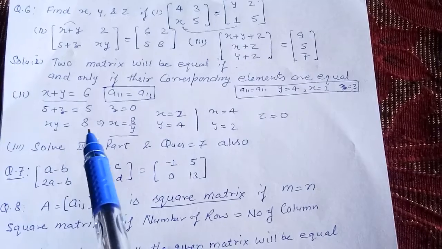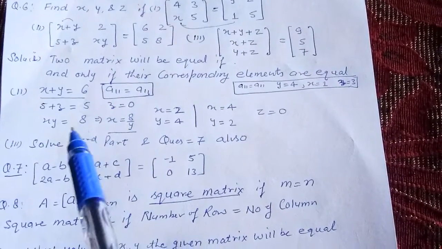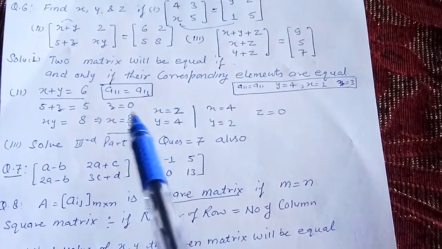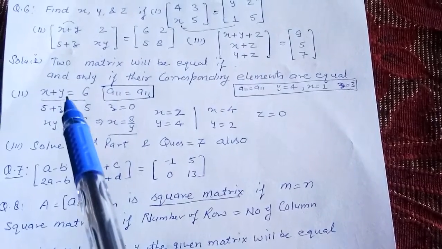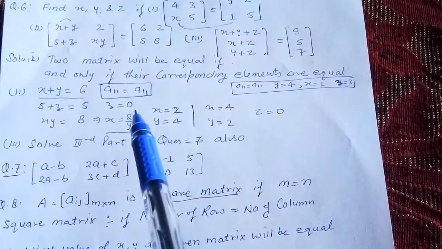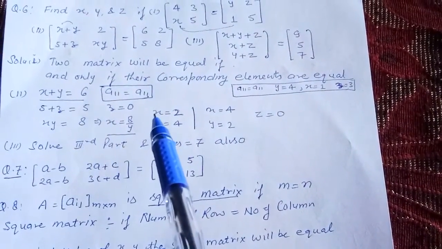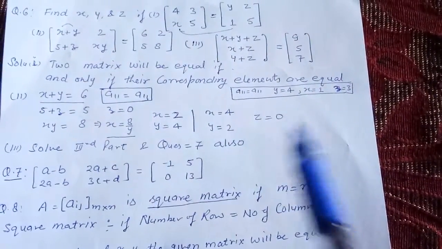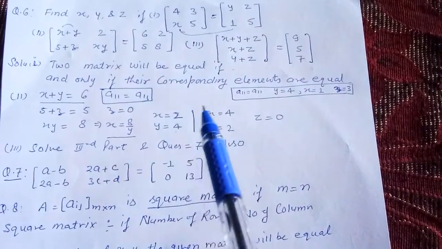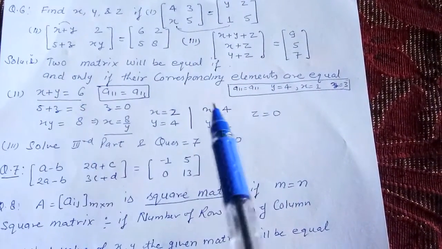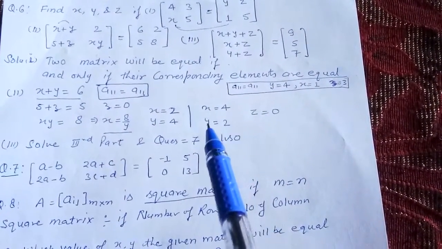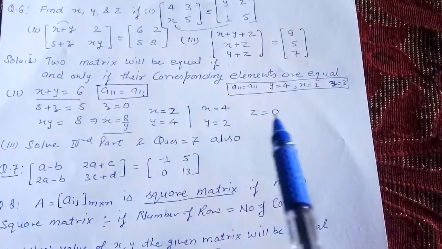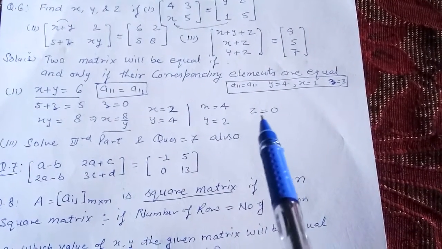It will give us x equals 8 upon y. So we will put this value here. We will find the quadratic equation. By solving this, x equals 2 and y equals 4. For y we will get two solutions, because this is a quadratic equation, right? So x will be 4 and y equals 2, and z will have only one value, right?